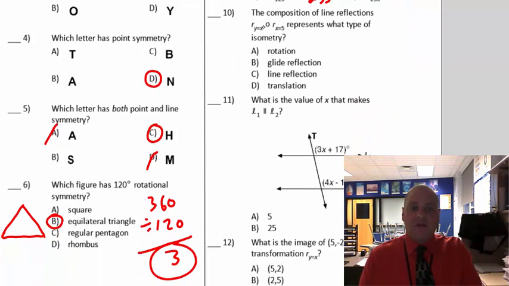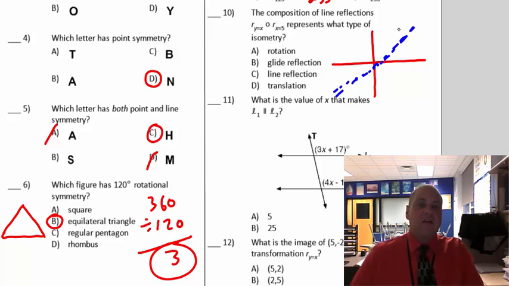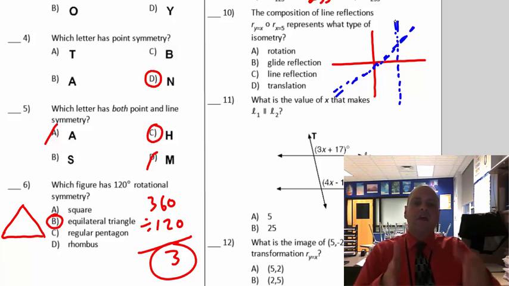The composition of line reflections represents what type of isometry? This is a double reflection over intersecting lines. So I'm going to explain this one a little bit. The y equals x line we should know. The y equals x line is this line right here. And the x equals 5 line, x equals lines go up and down, so here's the x equals 5 line. The point is, the two lines they're reflecting over are intersecting.